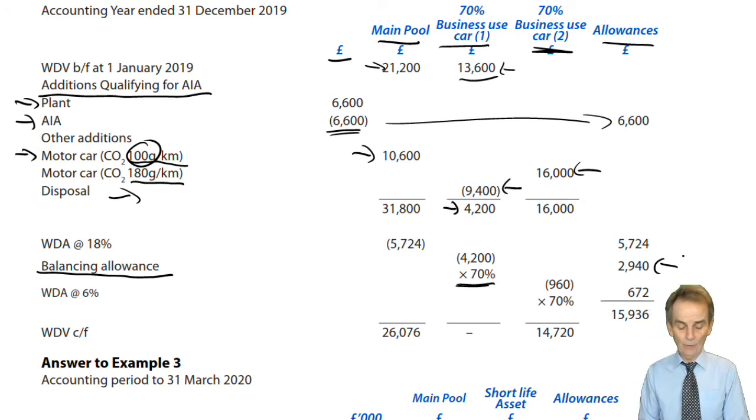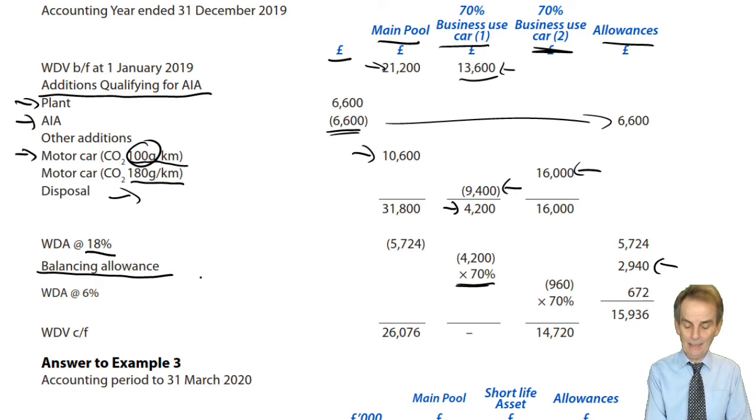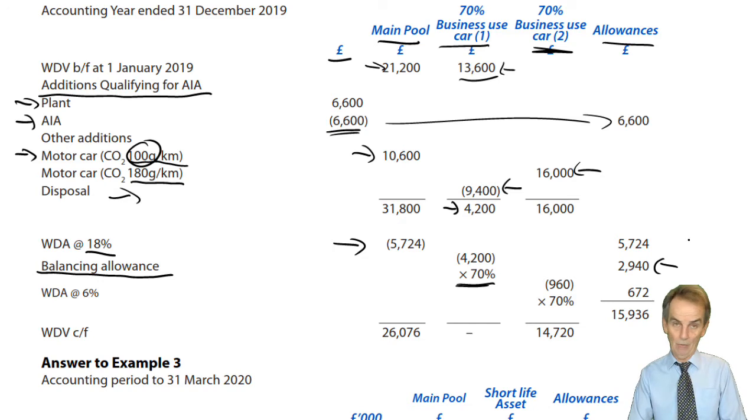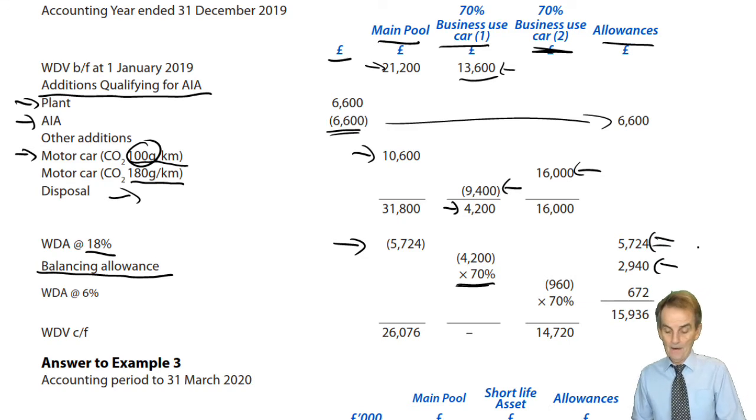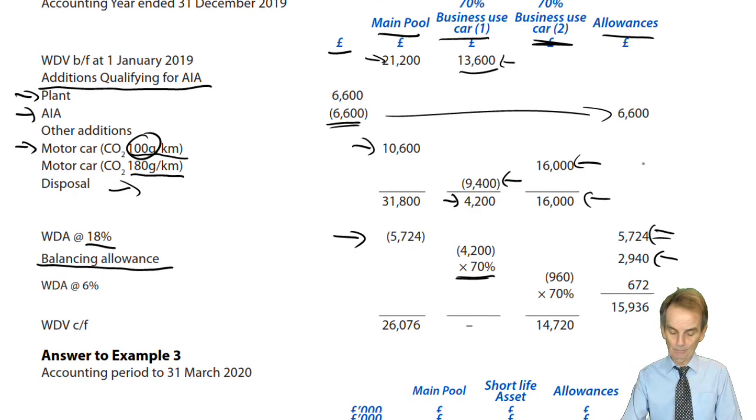In terms, however, of writing down allowances, at 18% on the main pool, straight calculation, hopefully using the calculator correctly, and we put that into our allowances column. That leaves just one further computation to do. Our new business stroke private use car, £16,000 in its own separate column.